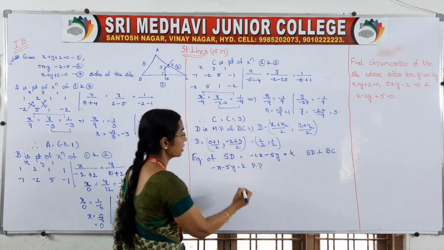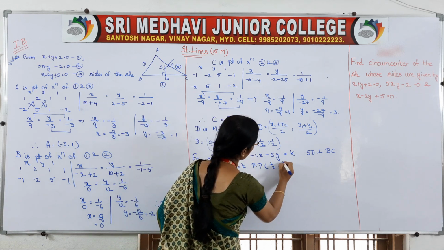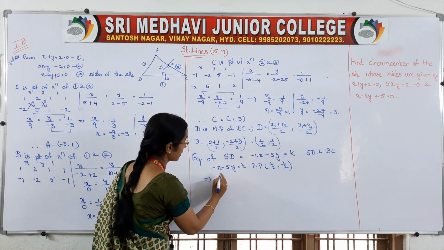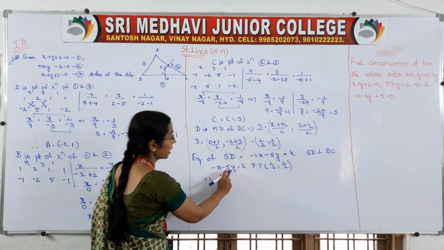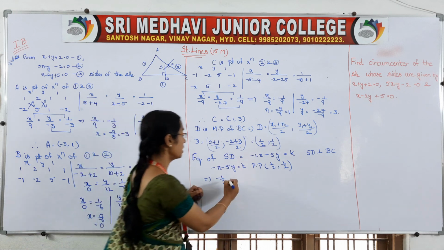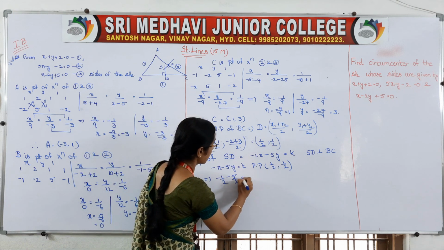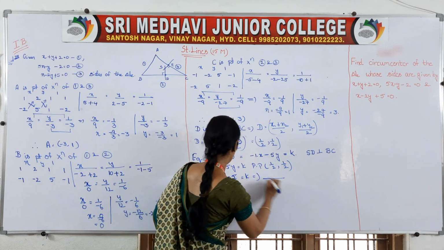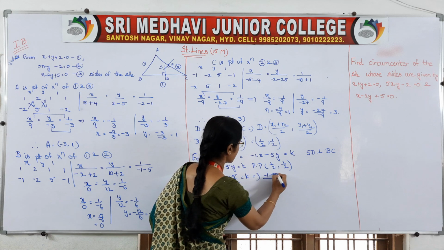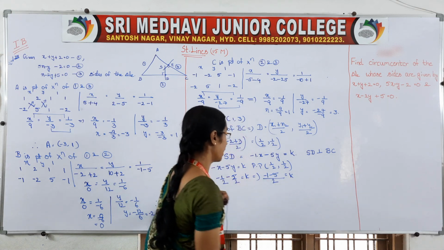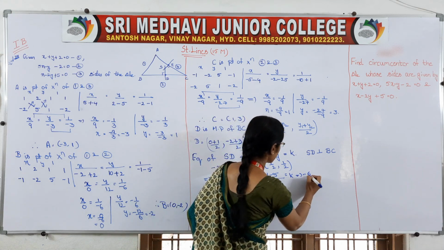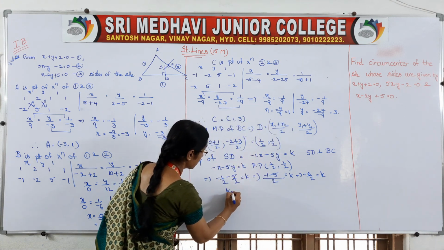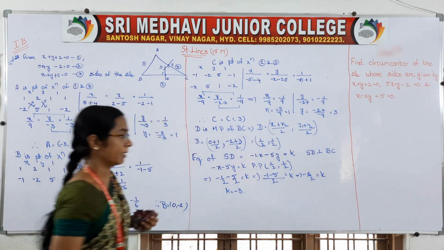It passes through the point (1 by 2, 1 by 2). So substitute: in x's place it is 1 by 2, in y's place 5 into 1 by 2 means 5 by 2, is equal to k. Taking the LCM as 2, minus 1 minus 5 is equal to k. So it is minus 6 by 2 is equal to k. So k is equal to minus 3.